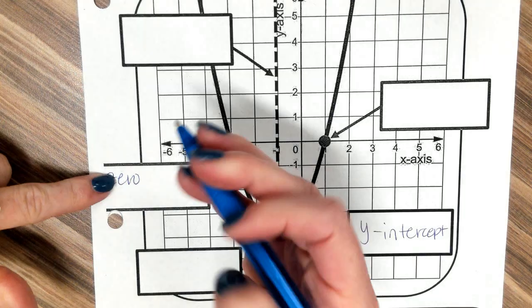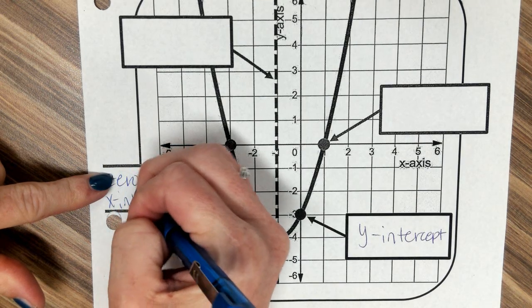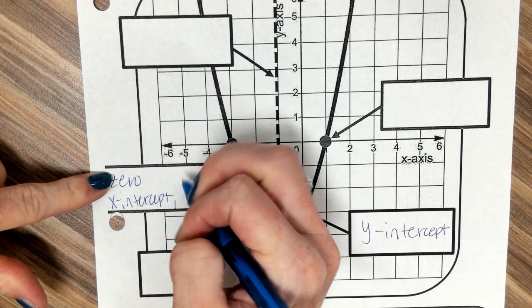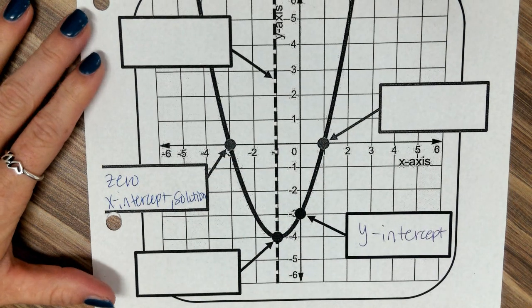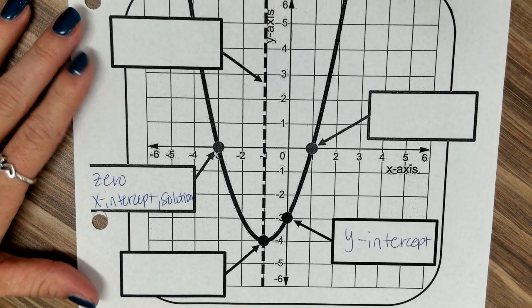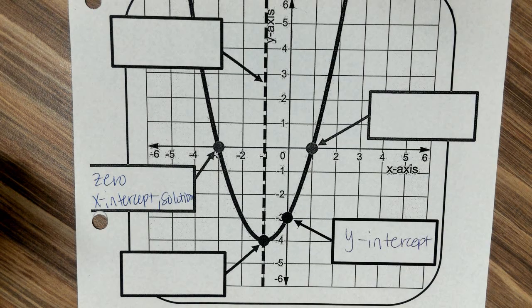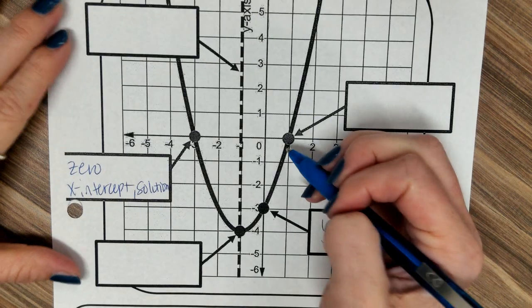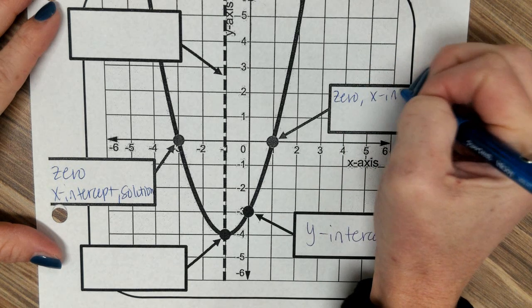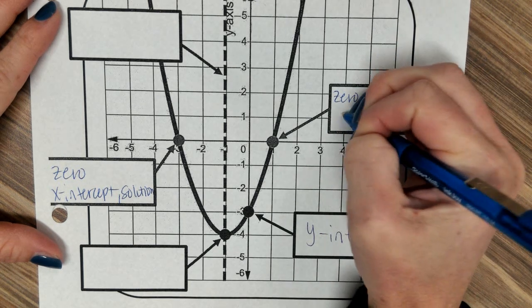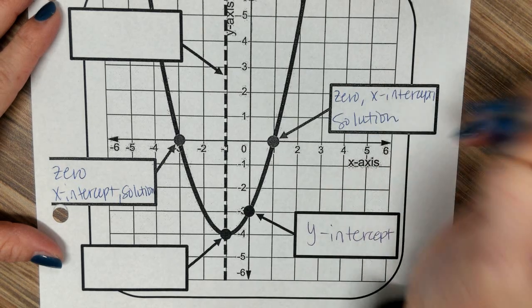What is a zero also called? An x-intercept, also called a solution. Is there another zero? Yes. Right here, this is also a zero, also known as an x-intercept, also known as a solution.